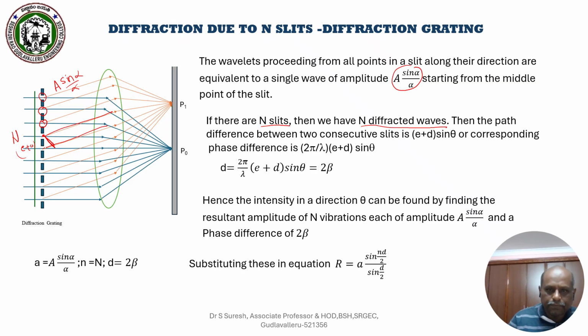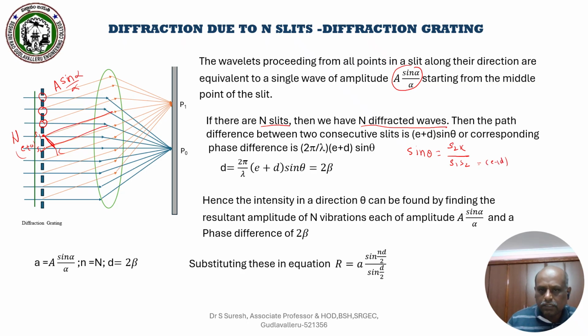Let me assume this as S1 and this as S2, and this is S1K. Sin theta is opposite S2K by hypotenuse S1 S2. Already you know that S1 S2 is the distance between the centers of two transparent regions, which we just discussed is equivalent to e plus d.